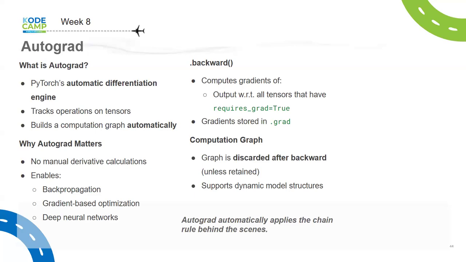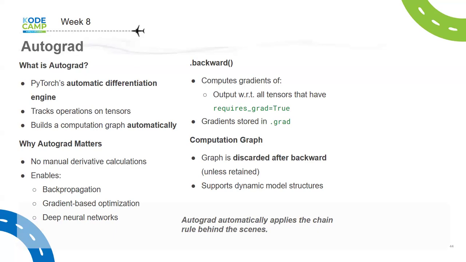So AutoGrad tracks operations on those tensors and builds a computation graph automatically.